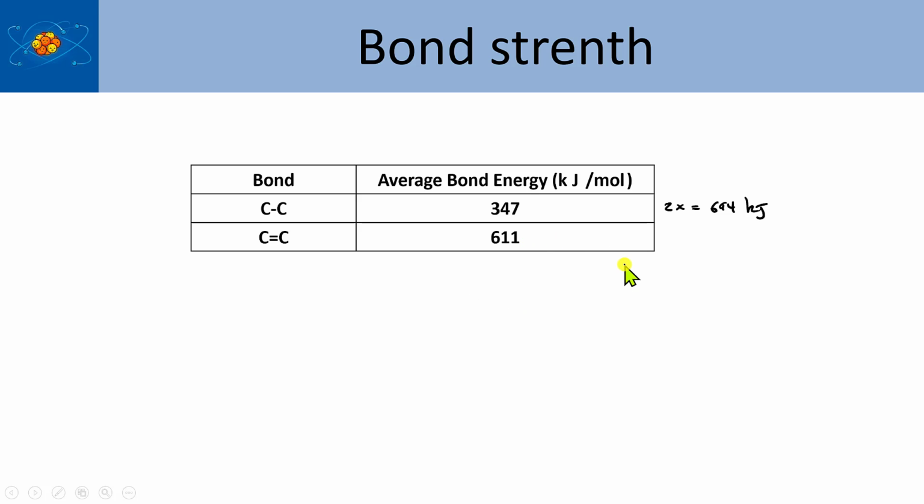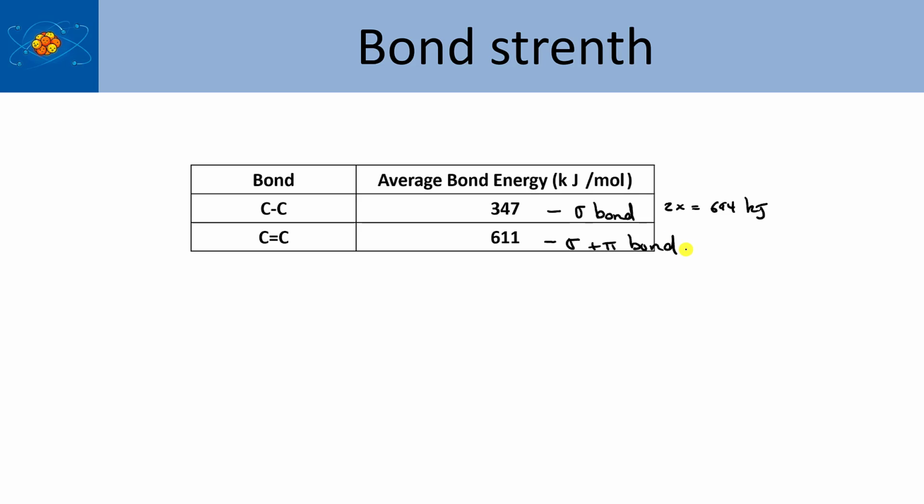So if you're comparing bond strengths, one of the other things that we can do, besides looking at the fact that it's not double the strength of a single bond, is we can just calculate the difference between these two. So we know that this is a sigma bond, and this is a sigma plus pi bond.